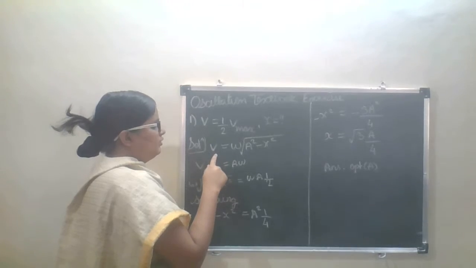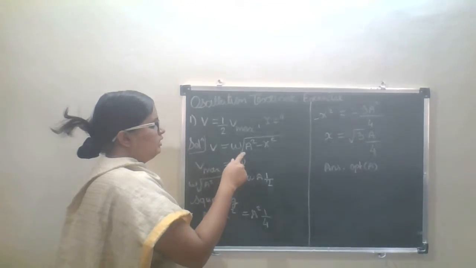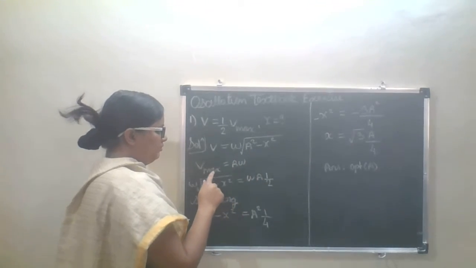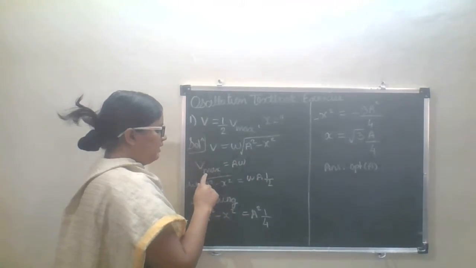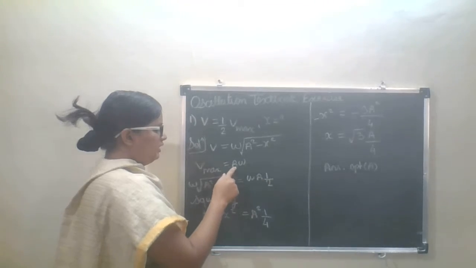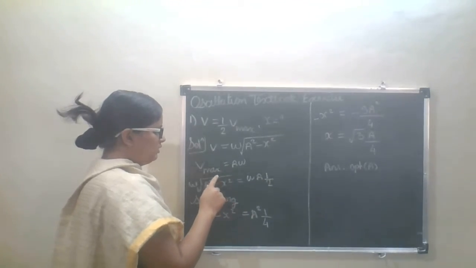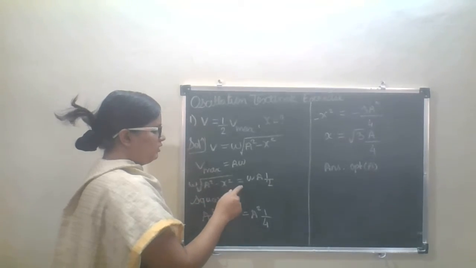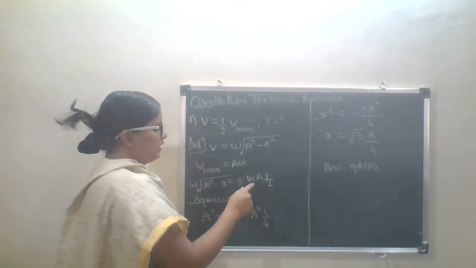So we have the formula v is equal to omega under root a square minus x square, and v max is a omega.